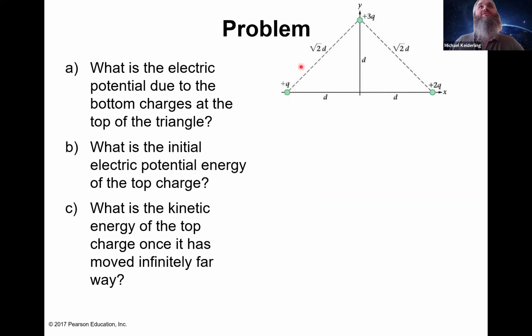So we have a charge of plus Q here. The distance is square root of 2d. We have a charge of plus 2Q. Distance is square root of 2d. And the charge up here is a plus 3Q.